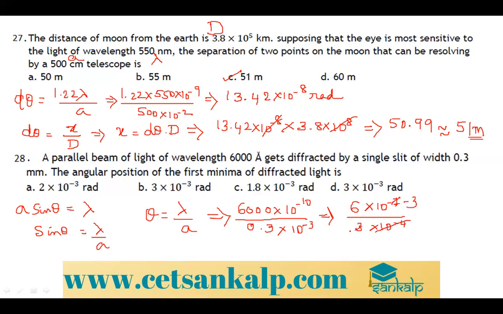Minus 3 ones are, 2s are. So it is 2 into 10 to the power minus 3 radian. That is your theta value. So option A. Clear? Right.